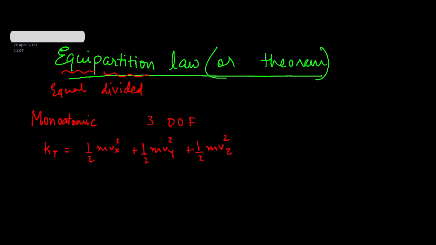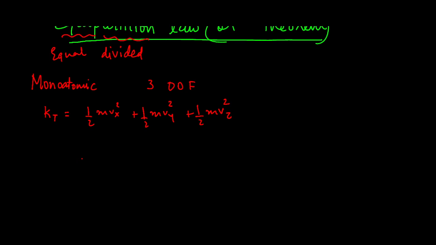Now, do you remember that earlier I did explain that because of the random behavior or random motion of all the molecules, when we take the average of Vx square, Vy square and that of Vz square, these averages are equal.